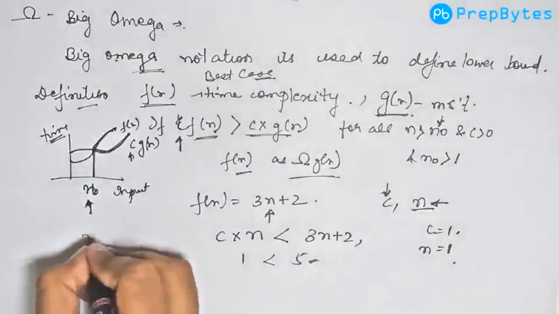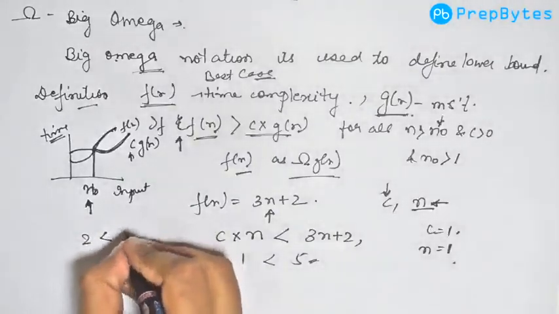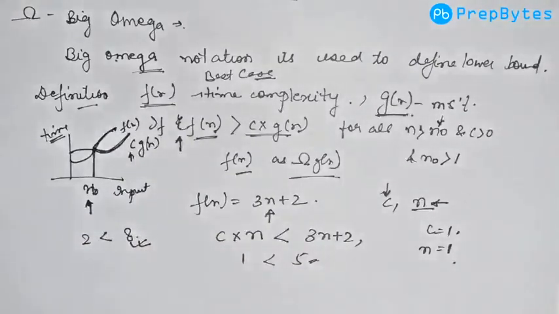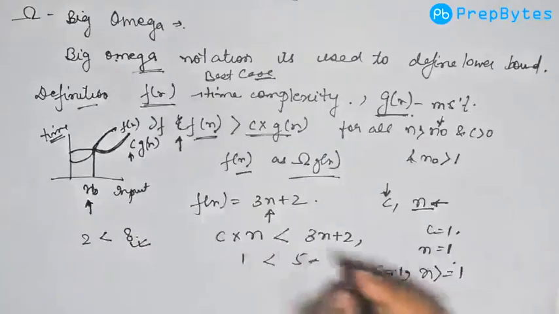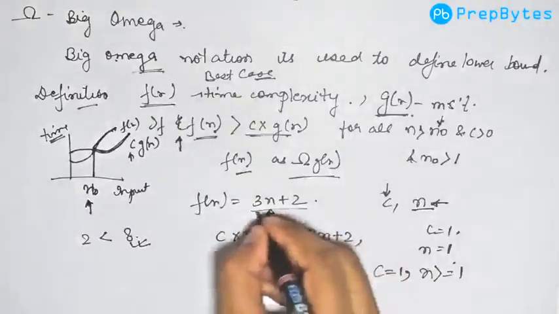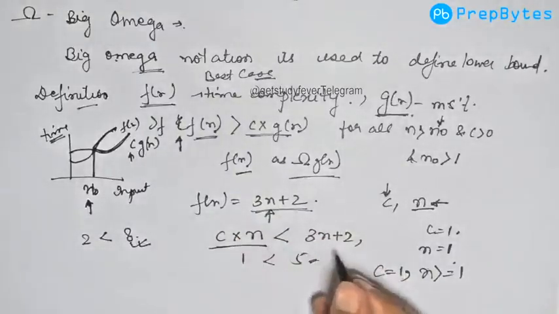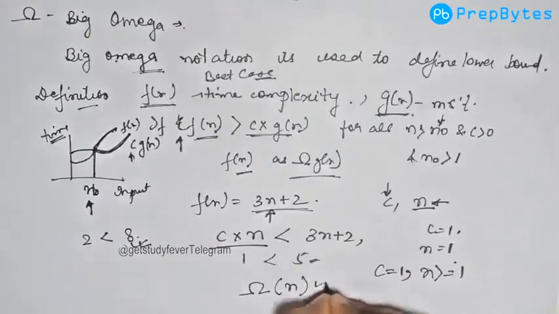So in that case, it becomes 2 and 8. So this holds true for N equal to 2 also. So we can say that for C equal to 1 and N greater than or equal to 1, 3n plus 2 will always be greater than C of N. So we can represent 3n plus 2 as omega of N.